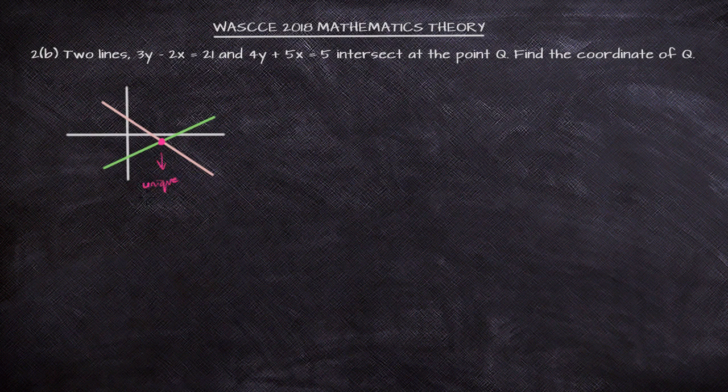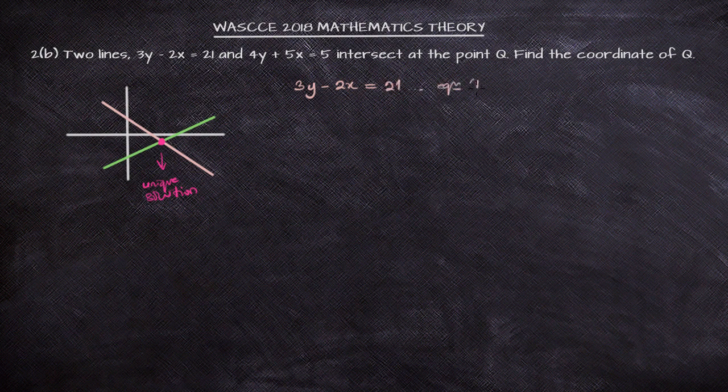The equations of those two lines have a unique solution at the point in which they intersect, meaning that this is just a set of simultaneous equations that we can solve, and the solution to that simultaneous equation will give us the unique solution, that is the coordinates of the point Q where they intersect.